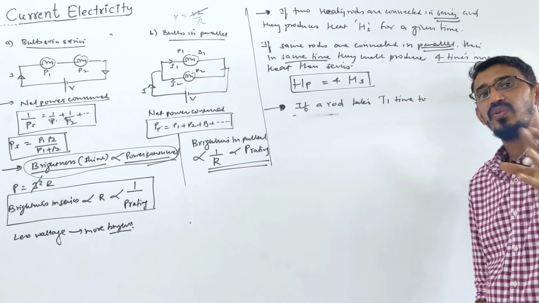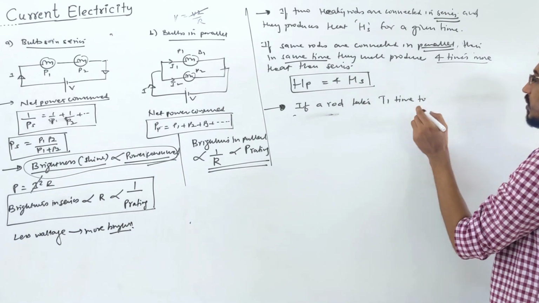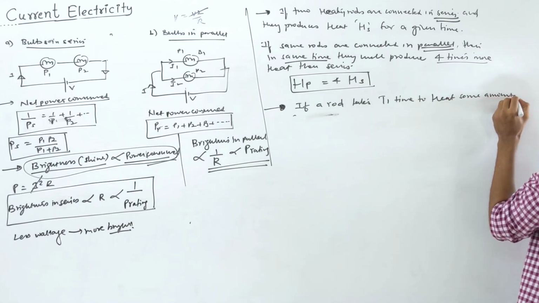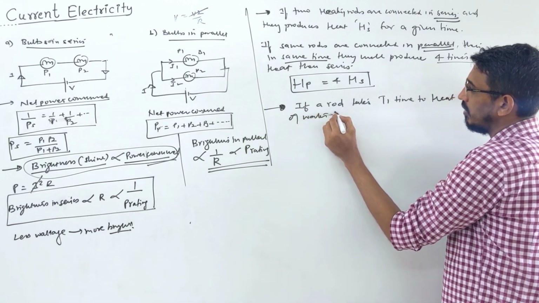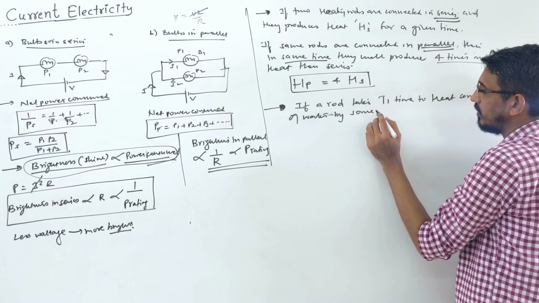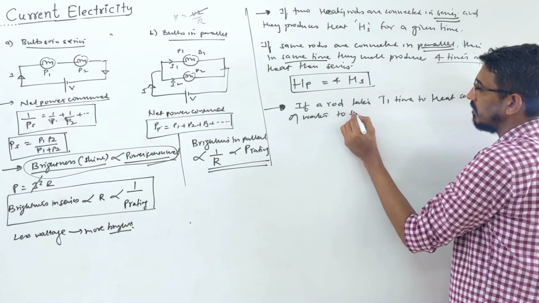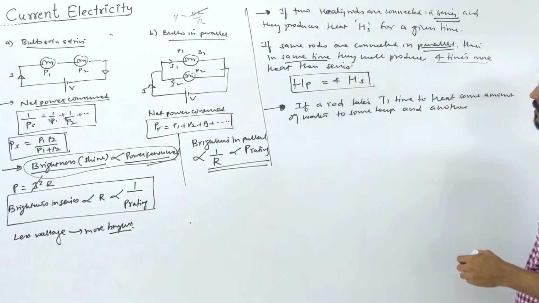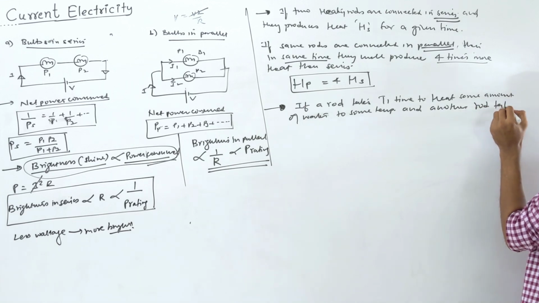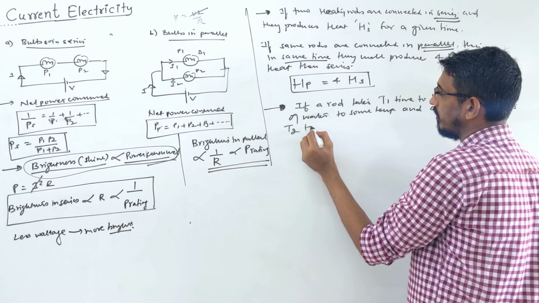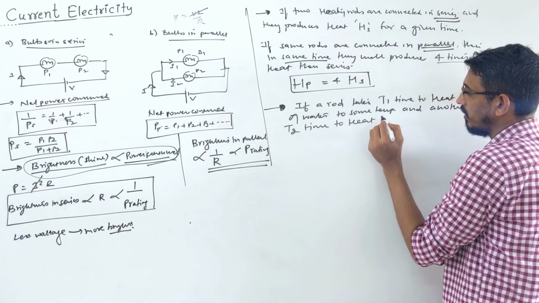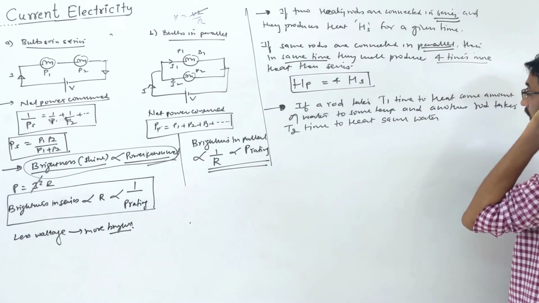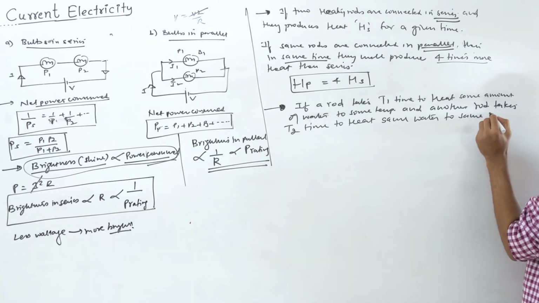You want to heat some amount of liquid. So if a rod takes T1 time to heat some amount of water to some temperature, and another rod takes T2 time to heat the same water to the same temperature.